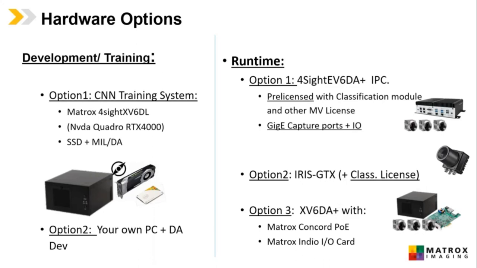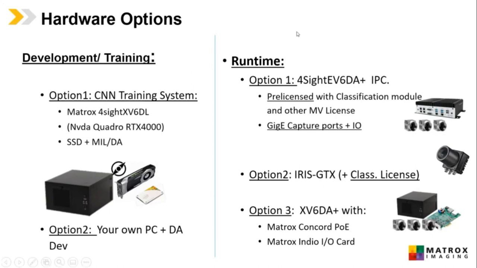I know we have some customers that have laptops with GPUs, but they're not the same grade as your desktop grade GPUs. And yeah, you'll be spending a lot of time waiting for the neural net to be trained, right? So that's in terms of the development aspect of the training of the neural net.